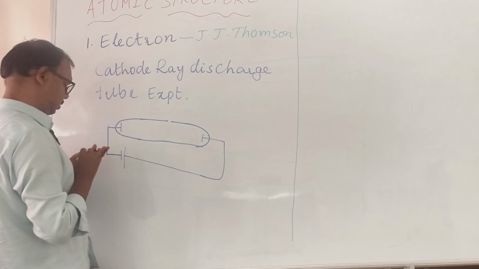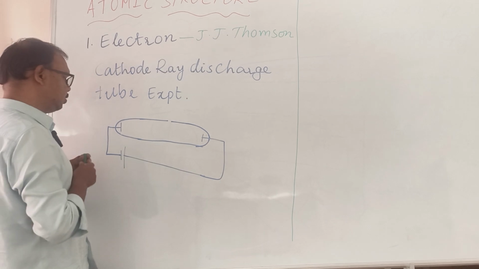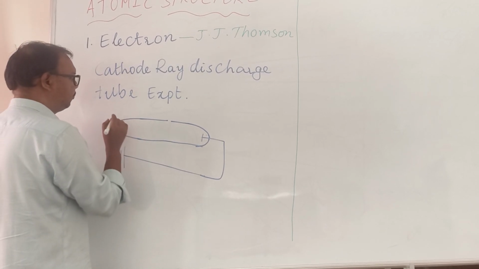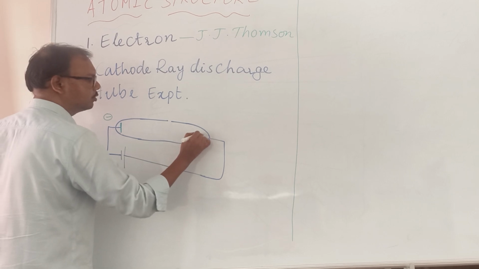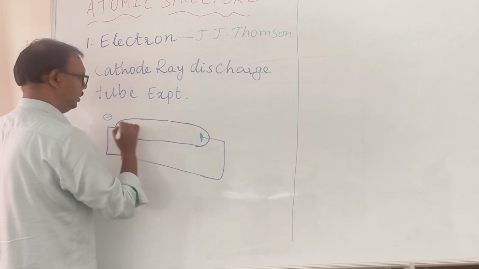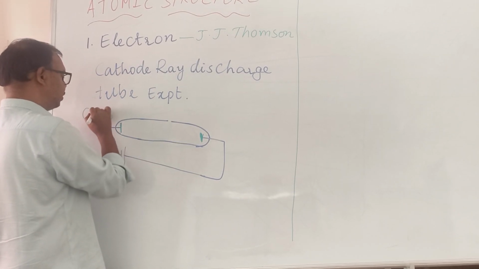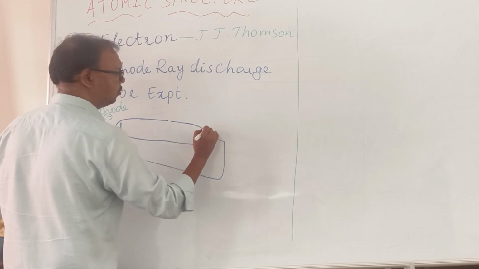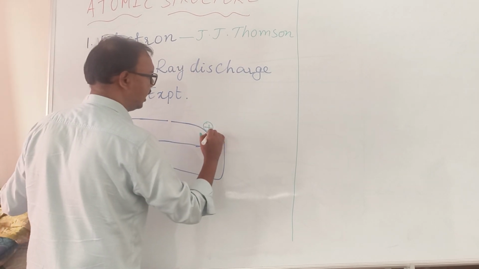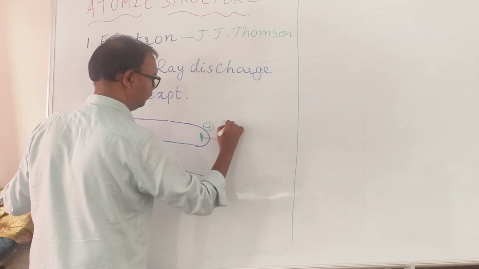These two metal plates, what are these? This is the negative metal plate, and this is the positive metal plate. The negative metal plate is called the cathode, and the positive metal plate is called the anode.